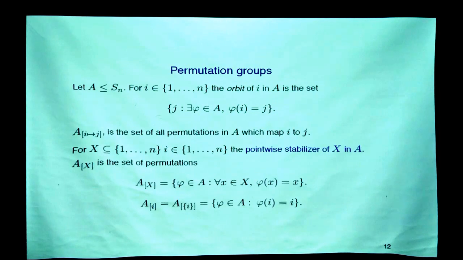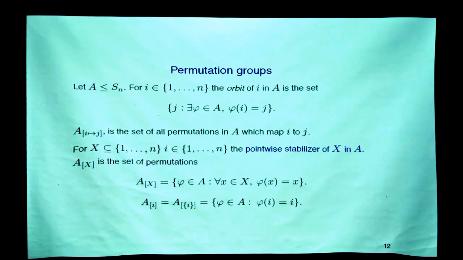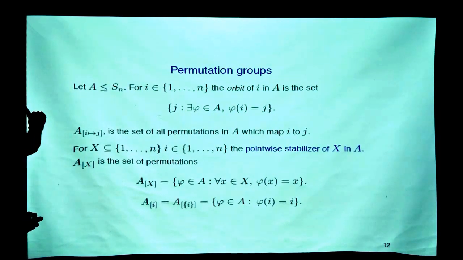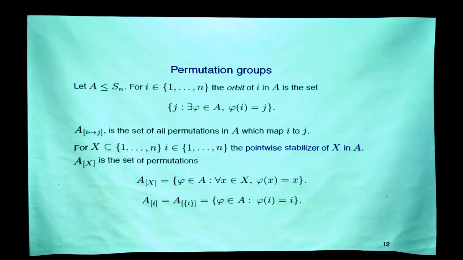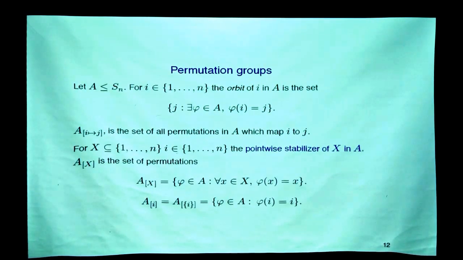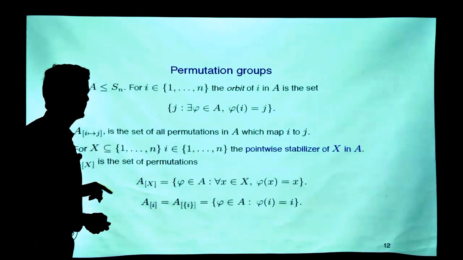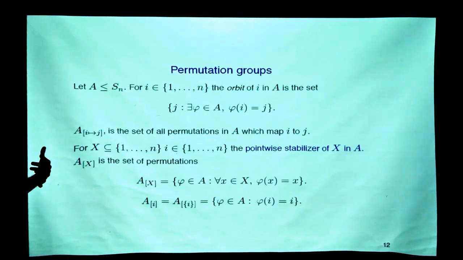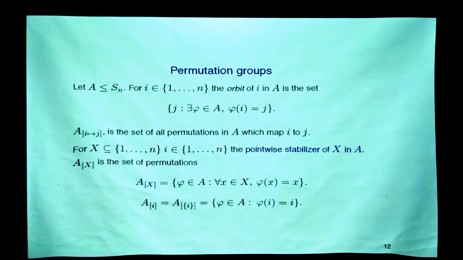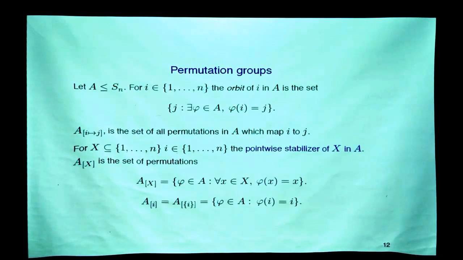Okay, so a little more notation. If we have a permutation group, the orbit of I is the set of positions where there's a permutation in the group mapping I to.